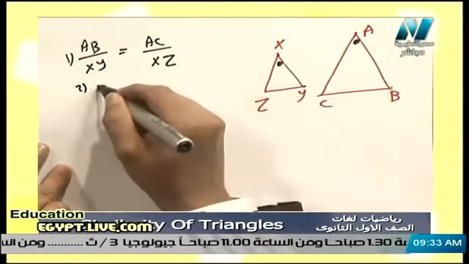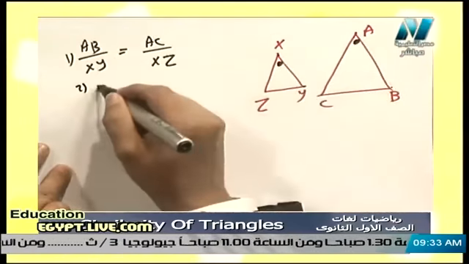These two ratios are equal because they are 2. So if these two ratios are equal and the included angles between the two sides here and two sides here are equal in measure, the two triangles are similar.